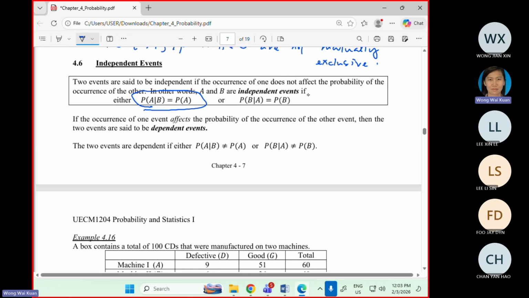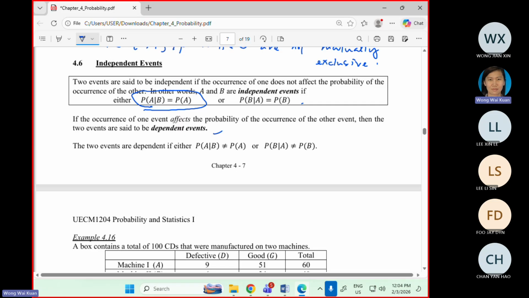If they are independent, then this happens. If not, they become dependent. So the two events are dependent if either A given B is not the same as A, or B given A is not the same as B.